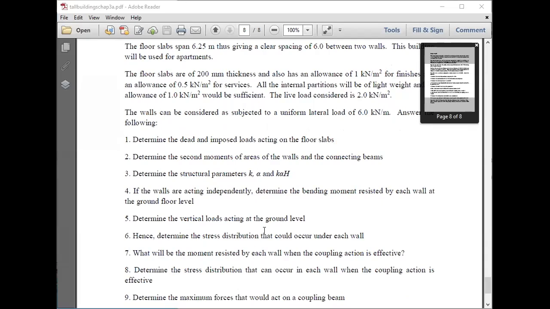I have considered only wall number 1. What will be the moment resisted by each wall when coupling action is effective? That is the next question. So we see the problem with coupling action being effective. When coupling action is effective, the total moment M is 12,288.